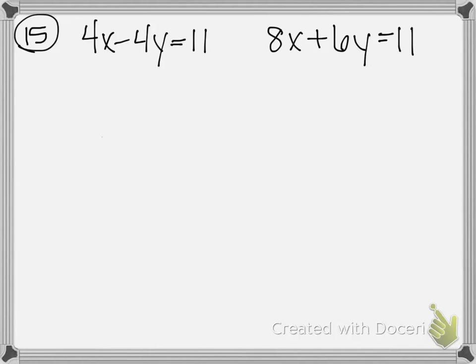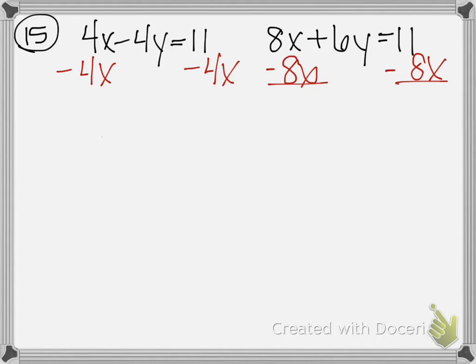So the first thing I'm going to have to do is rewrite both of these in slope-intercept form, which is to get them y equals. So let's move our x term. I'll just do it all at the same time. And then that's going to leave me negative 4y equals negative 4x plus 11.